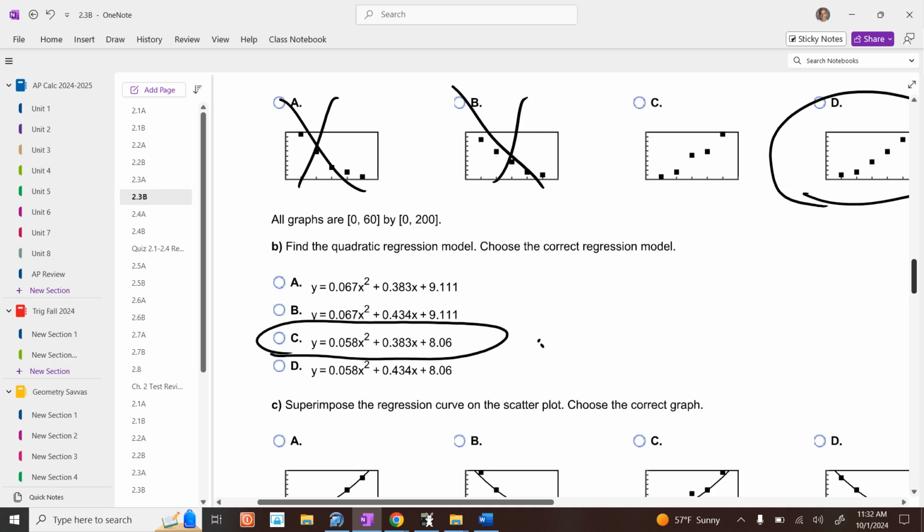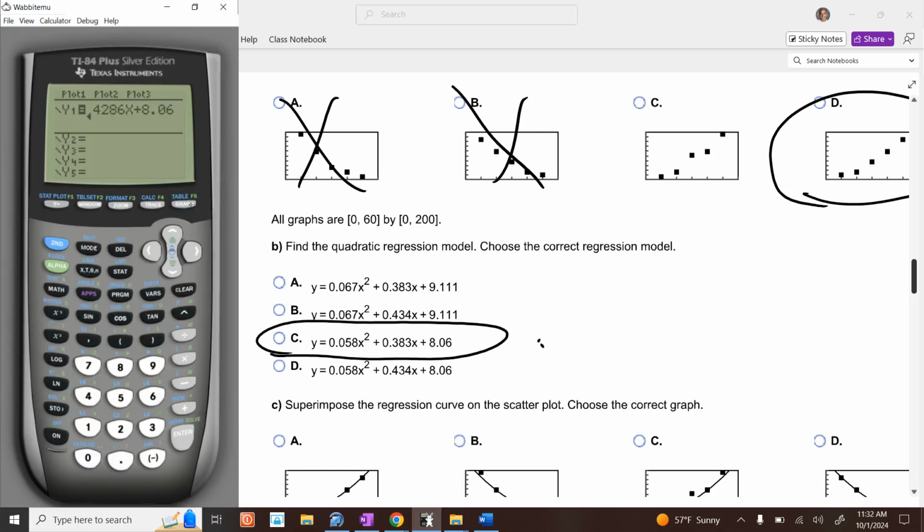So what does it look like as a graph? Well, let me go back to the graphing calculator. Push graph. Uh-oh. We don't see much, do we? Okay. We can go with what they have here for a window: 0 and 60 for our x's, and 0 and 200 for our y's.